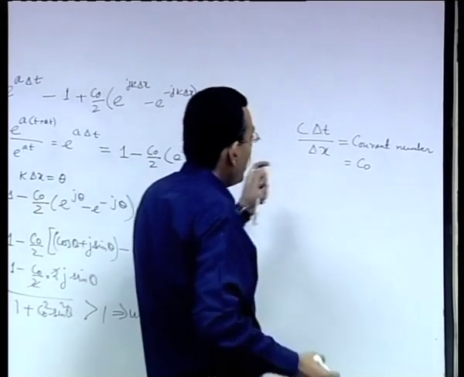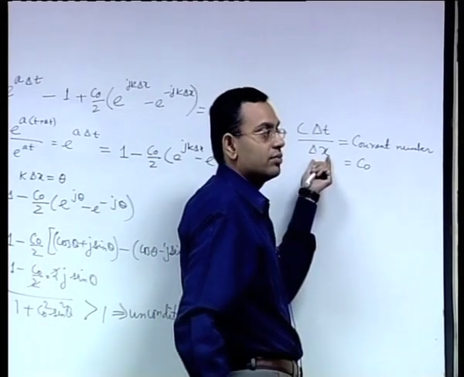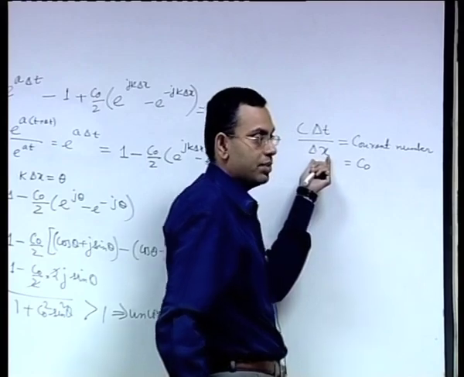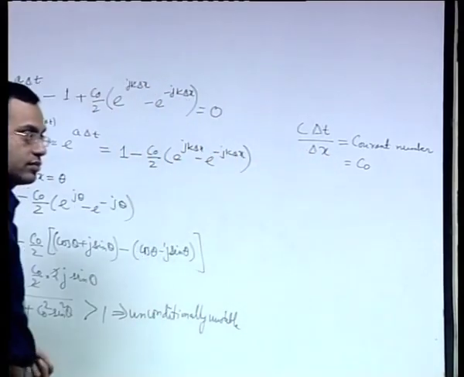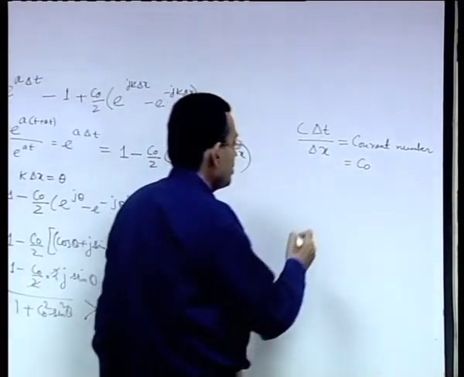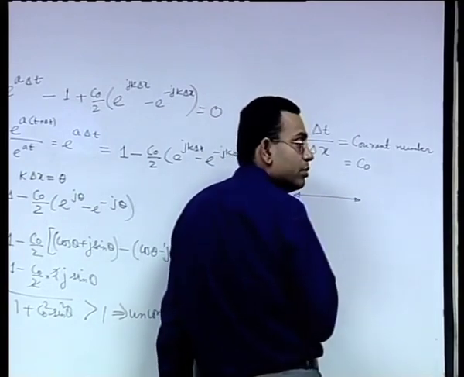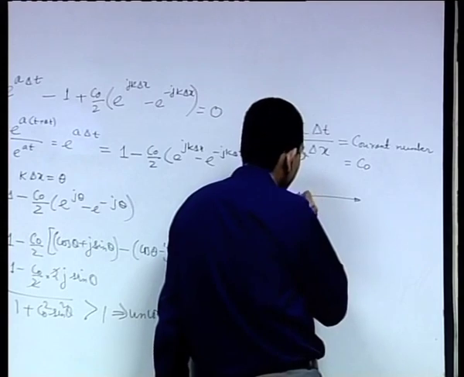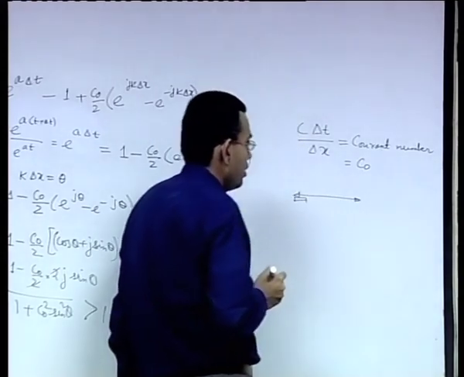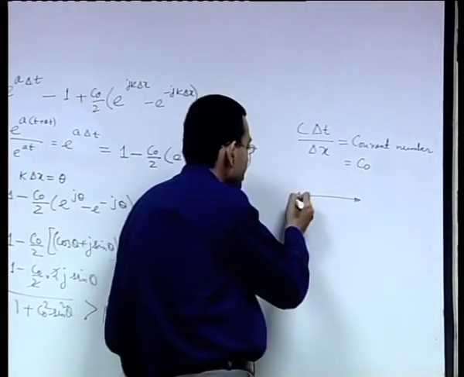Now if you have this delta x very small, then what happens? Let us say that this is the characteristic length scale over which your disturbance will be propagating, and if you have this as the grid spacing.